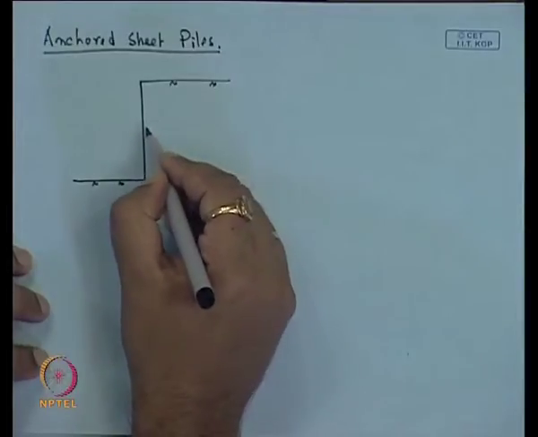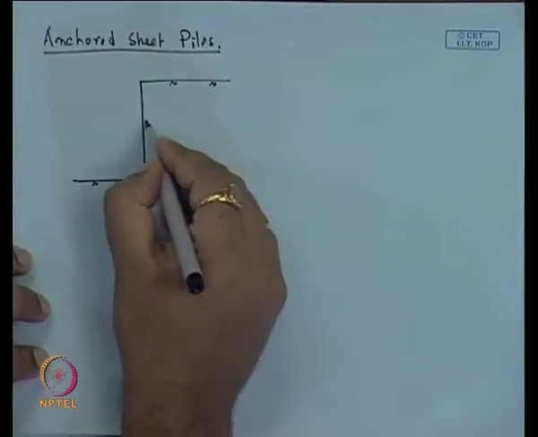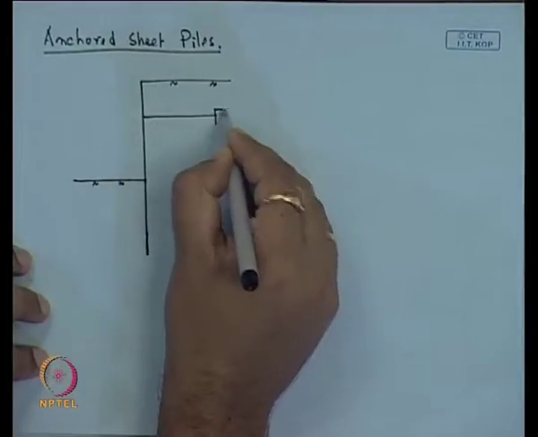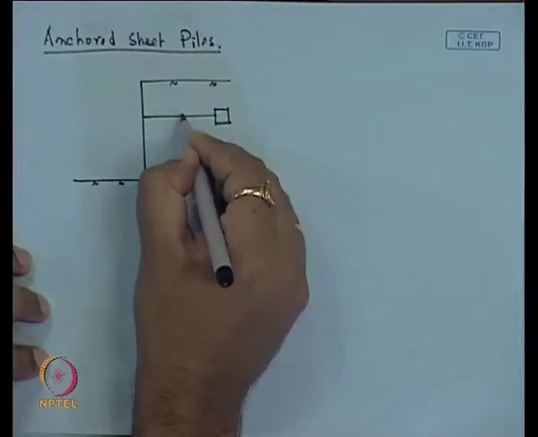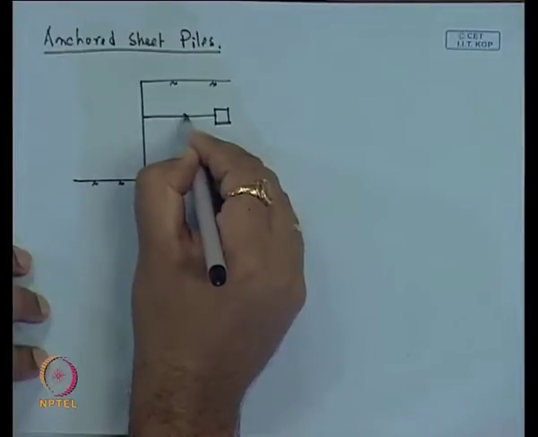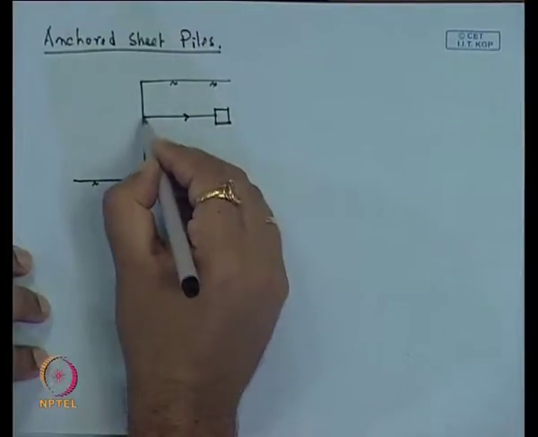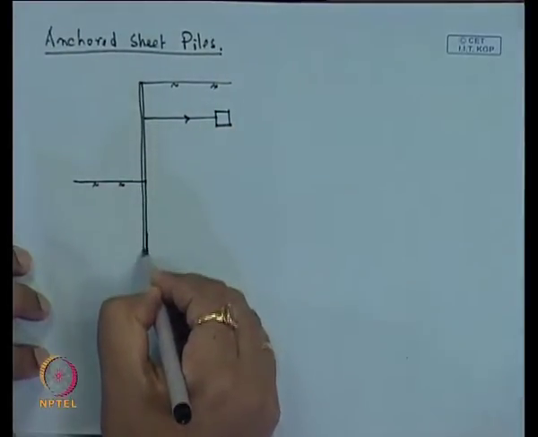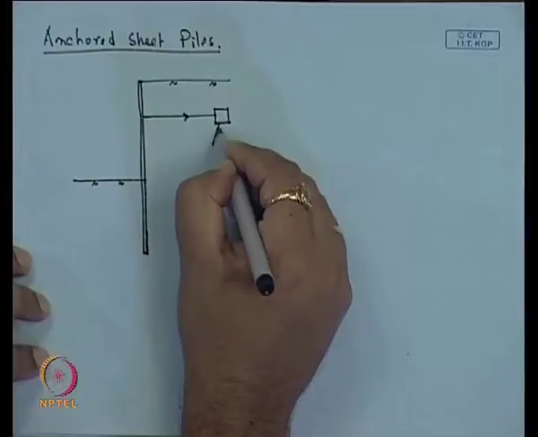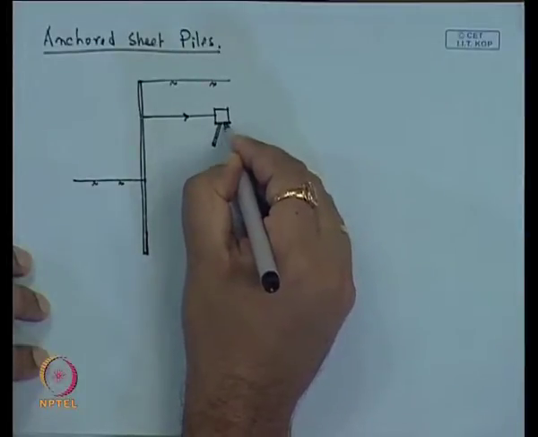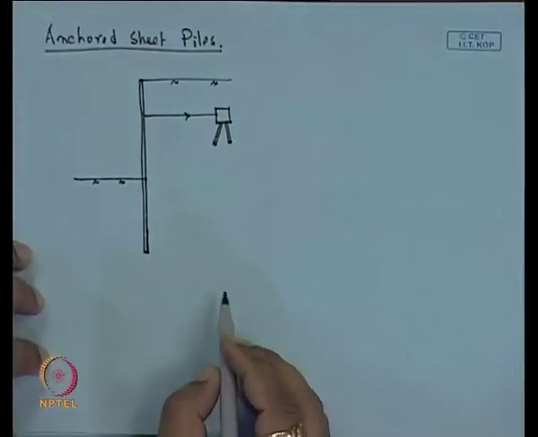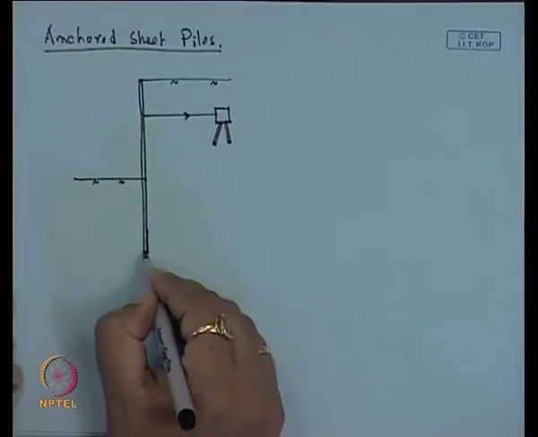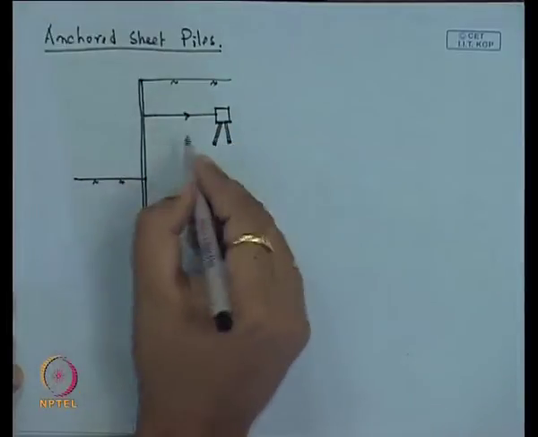Now, here sometimes to reduce this required depth, one anchor is used. Tension is applied to the sheet pile through this anchor, which is then anchored in the ground. This type of sheet pile is called the anchor sheet pile.